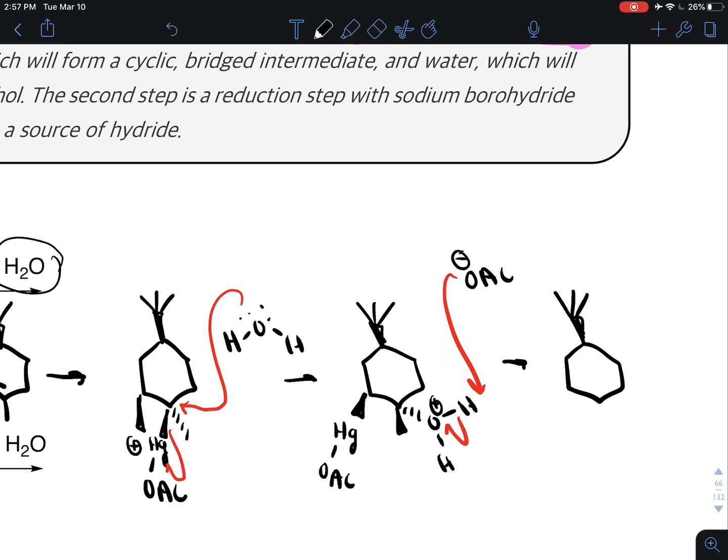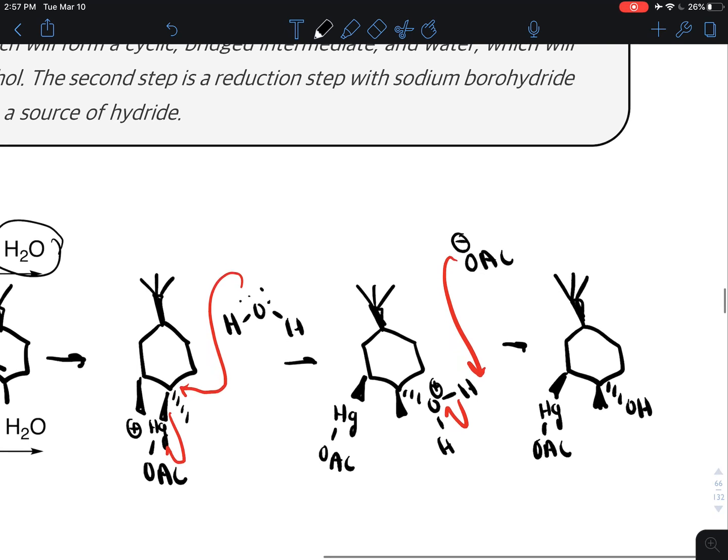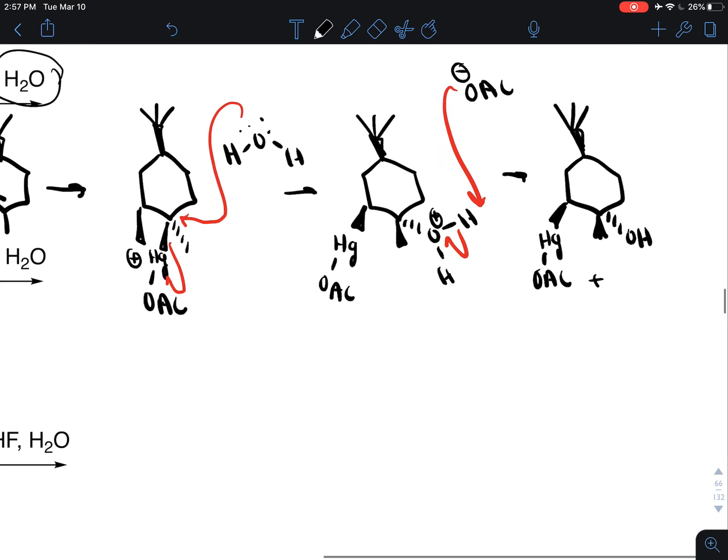Okay, and there is one more product, so I'll just draw both real quick. Okay, and then you also have, I guess I'll draw it down here.